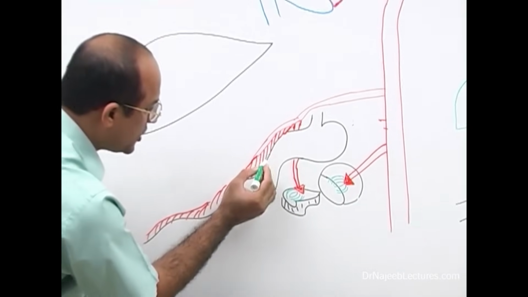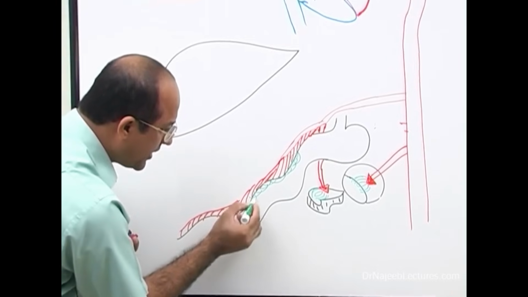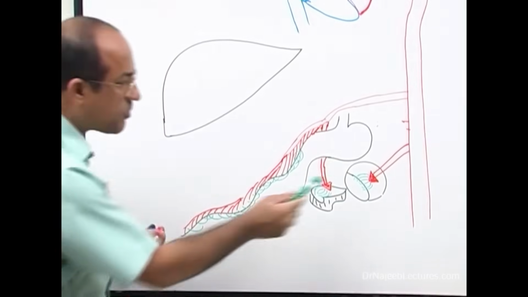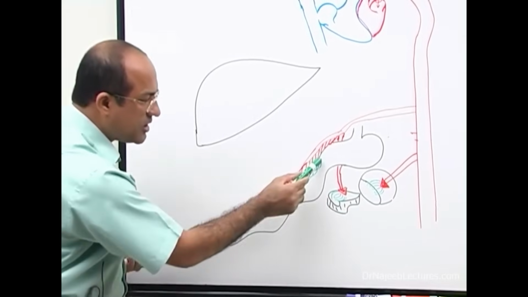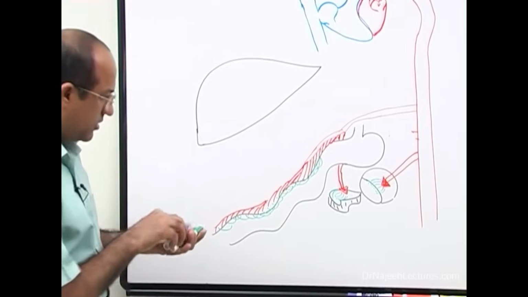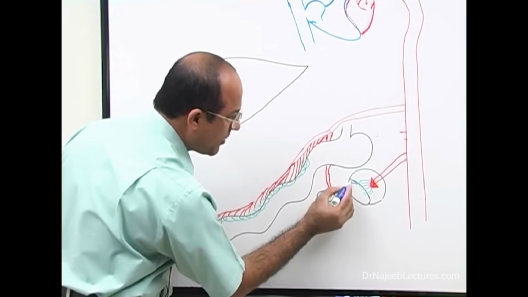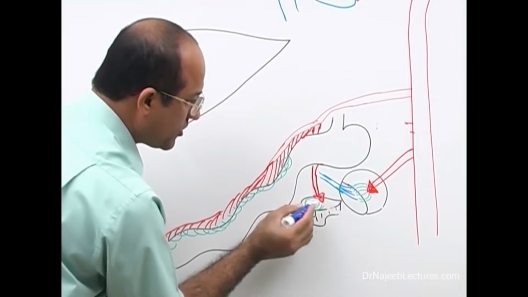And of course, within the GIT also there are capillaries. Is that right? Now, from these splenic capillaries or pancreatic capillaries, or from these gastrointestinal capillaries, blood will be recollected. Blood will be recollected into venous channels. Is that right?